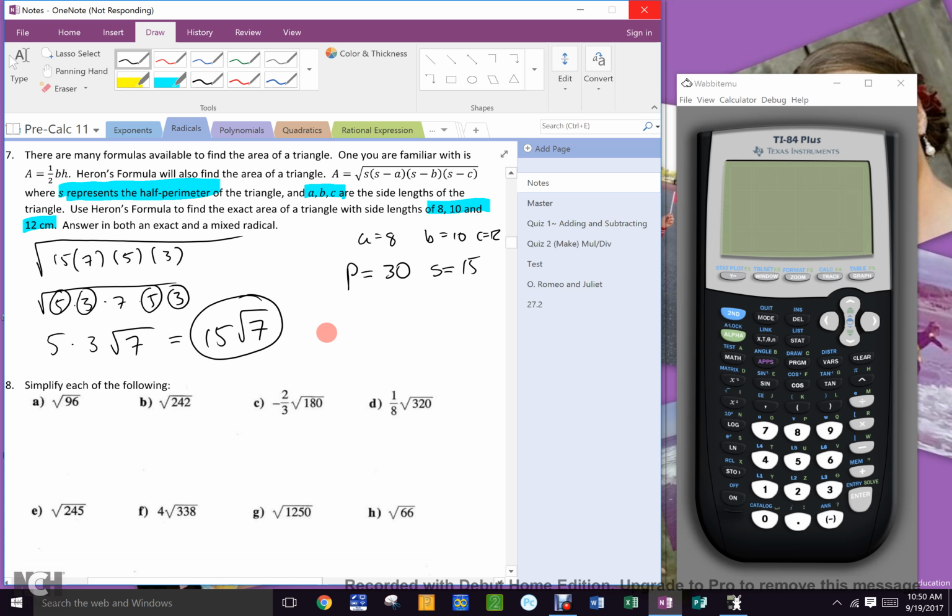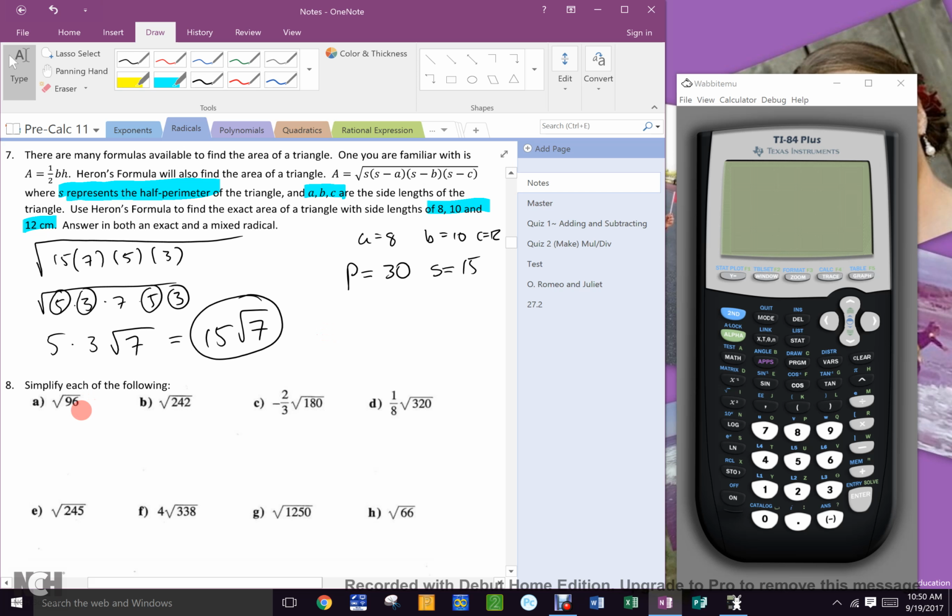So that is the root of 16 times 6, which is 4 root 6. That is the root of 2 times 121, so that's 11 root 2.